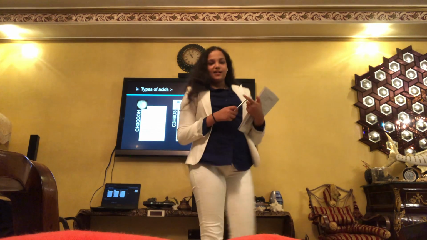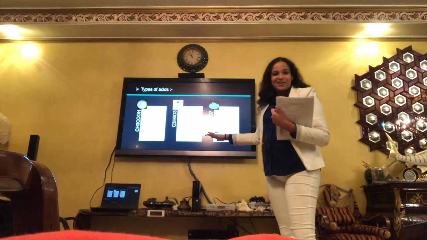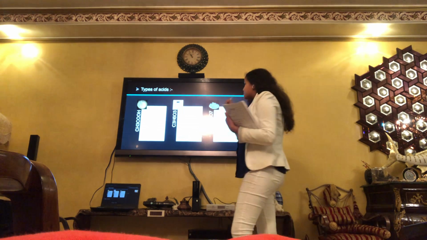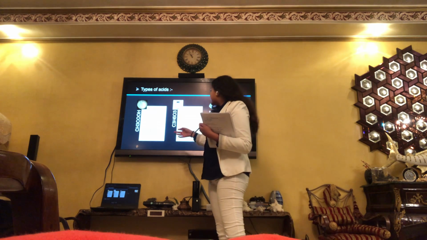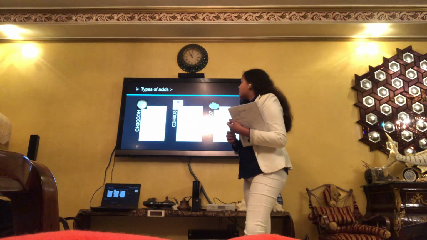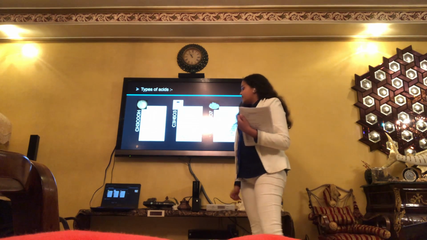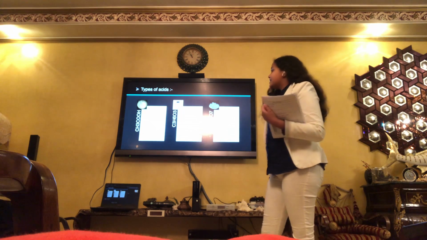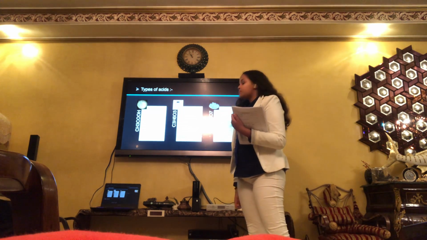Here is, as I told you, the most entertaining part. These are the types of acid we're going to talk about today: acetic acid, lactic acid, and citric acid. Acetic acid, or as known as CH3COOH, is its formula. Acetic acid is a synthetic carboxylic acid with antibacterial and antifungal properties.